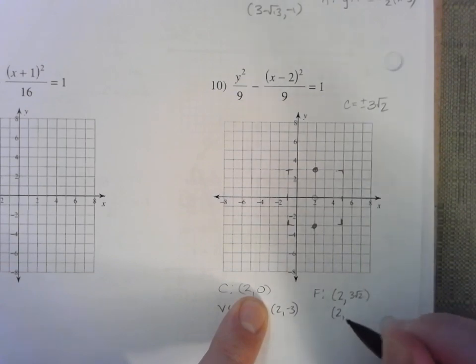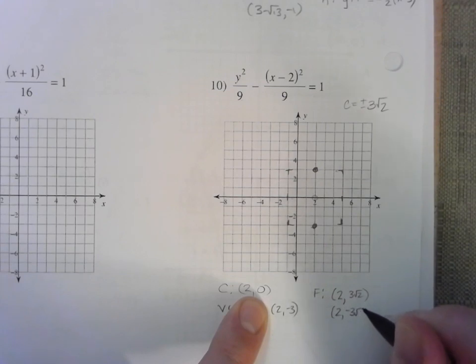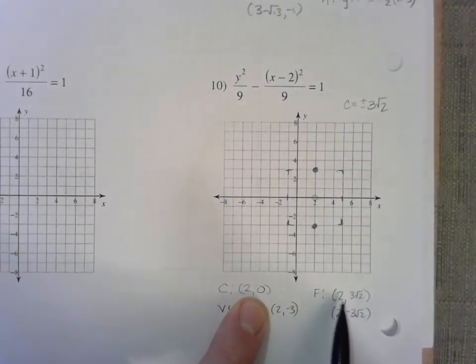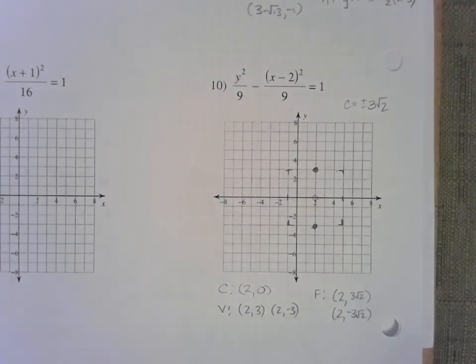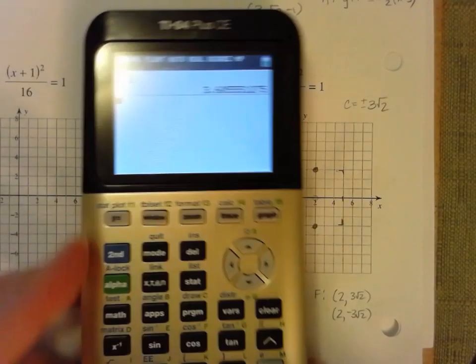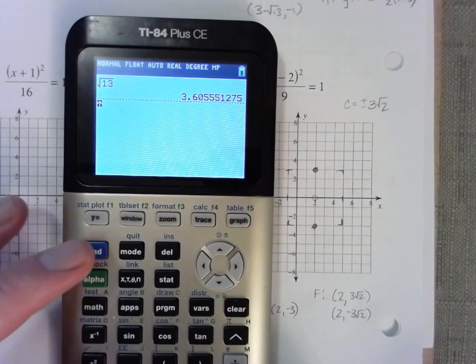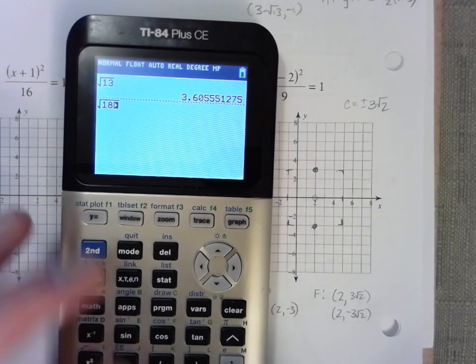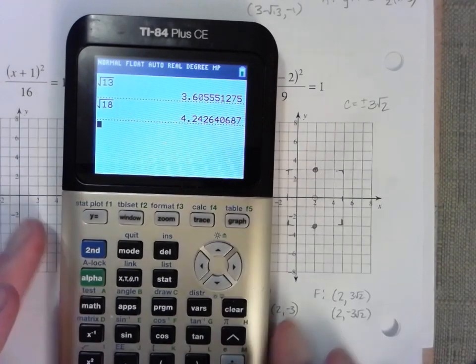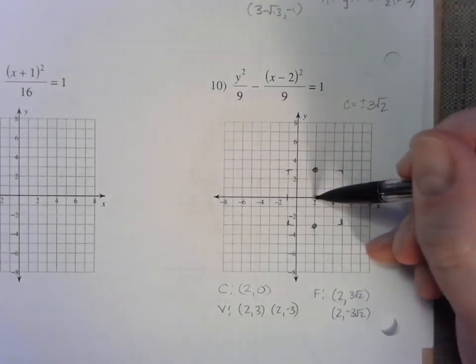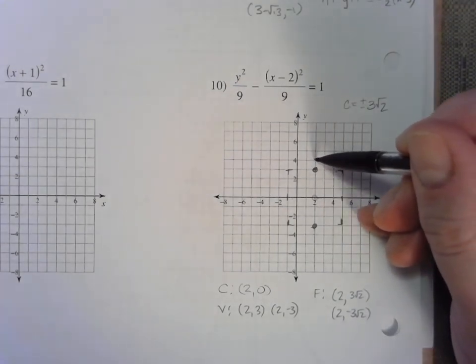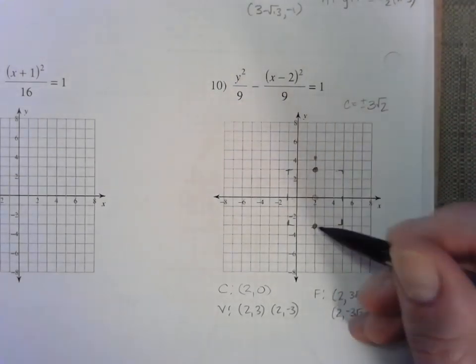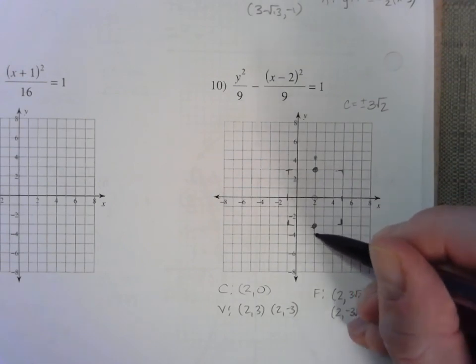What's 0 minus 3 root 2? So I have 2, 3 root 2 and 2, negative 3 root 2. Now the square root of 18 is bigger than 4 and less than 5. It is 4.24. From the center, 1, 2, 3, 4.24. 1, 2, 3, 4.24.